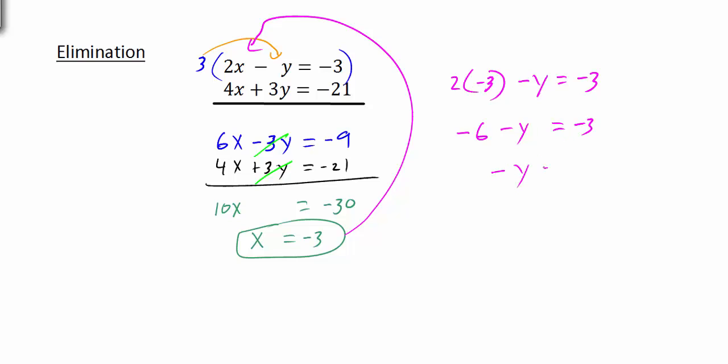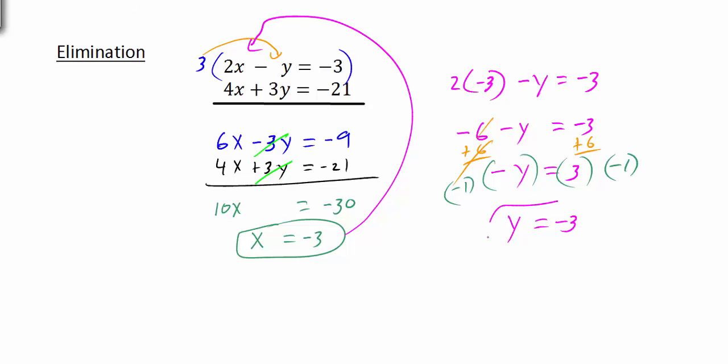If we add 6 to get y by itself, they cancel out here, so we're left with negative y equals 6 minus 3, which is 3. And in order to make this a positive y, we need to multiply both sides by negative 1. So that gives us a positive y, and then we have a negative 3.